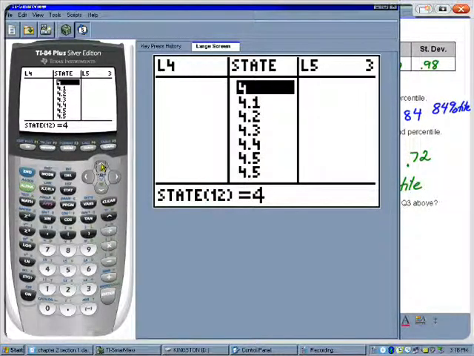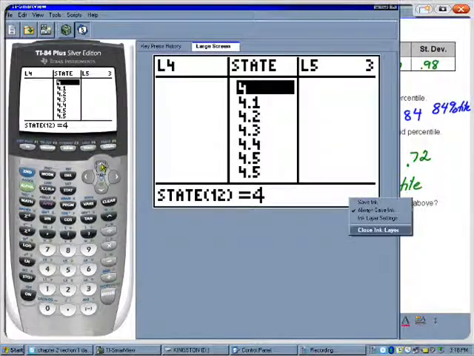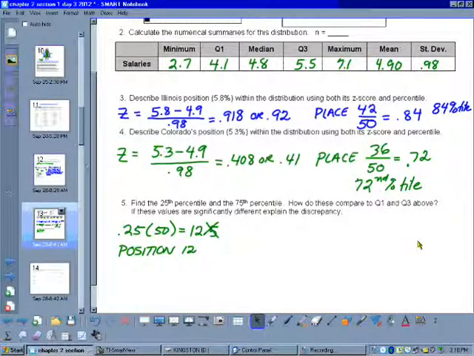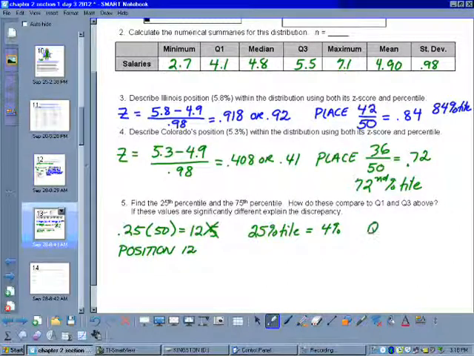So I'm going to use that as my percentile. So the 25th percentile equals 4%. And what I calculated from up above, the first quartile was 4.1%. These are very close, nearly a perfect match.